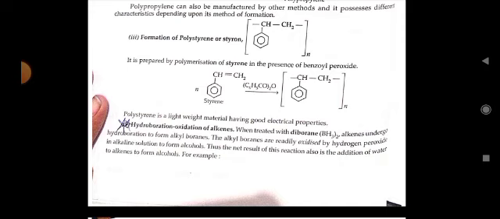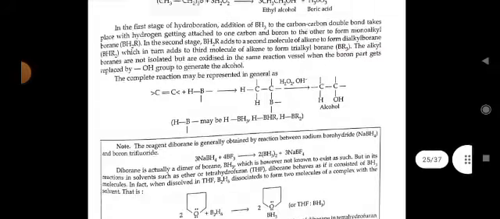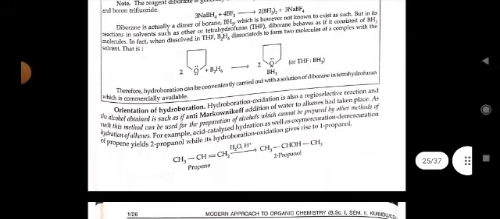Therefore, hydroborations can also be conveniently carried out with a solution of diborane in tetrahydrofuran, which is commercially available. Orientation of hydroboration oxidation: it is also a regioselective reaction, and the alcohol obtained is such as if anti-Markovnikov addition of water to alkenes had taken place.